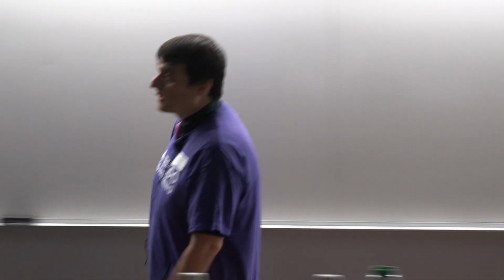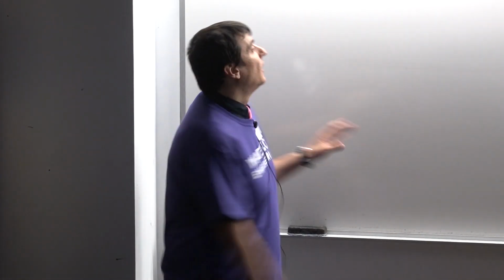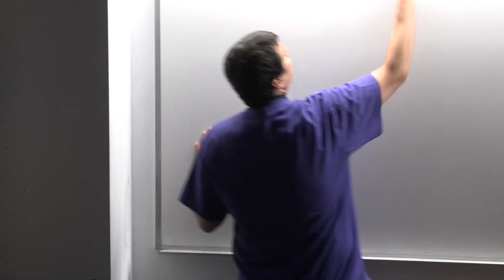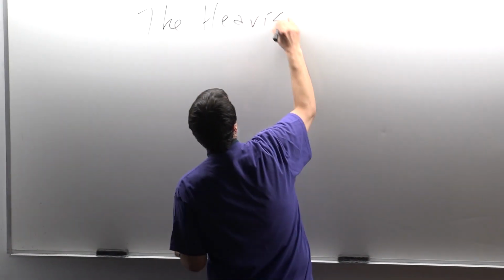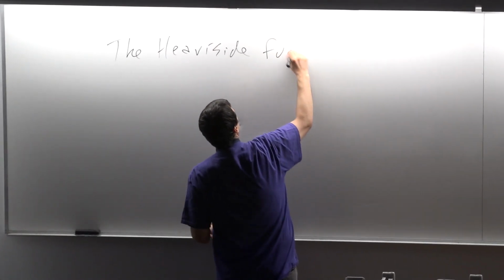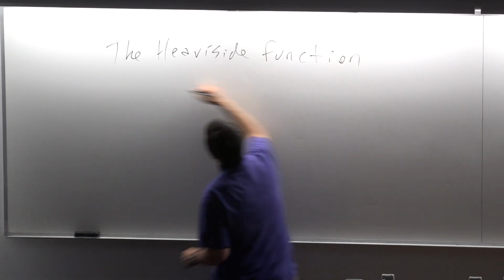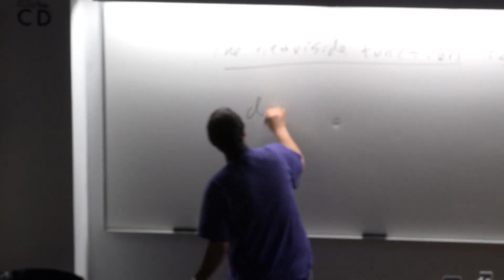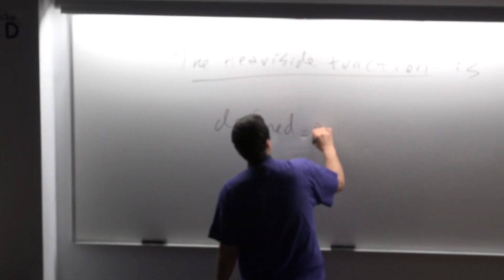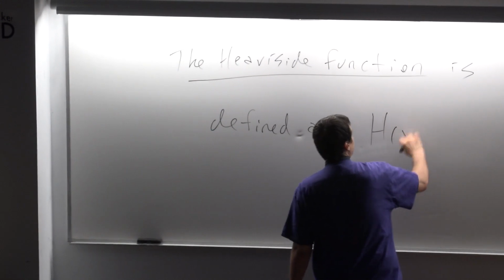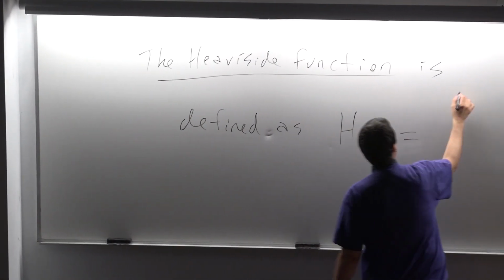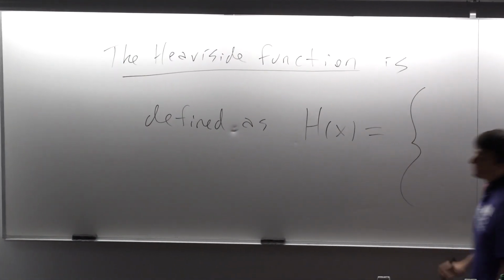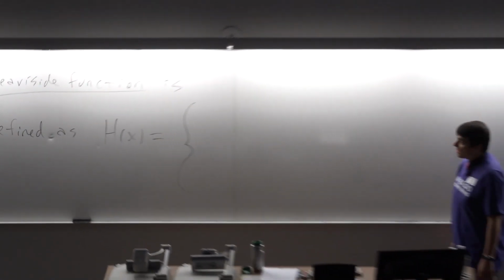So we are going to talk about the Heaviside step function. So let's start with that. The Heaviside function is defined as this function that we're going to use the letter h to represent it, h of x. It's a piecewise function, which I'm trusting that you are familiar with.